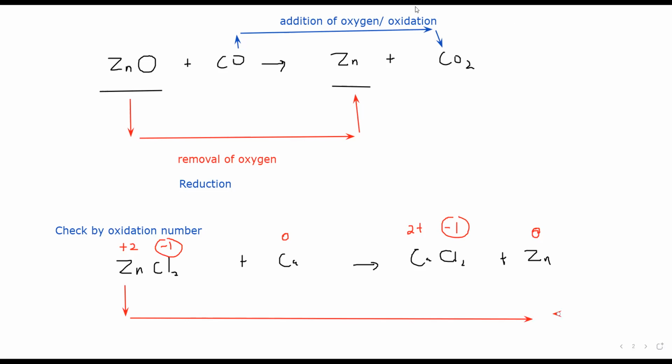So if +2 changes to 0, what happened to oxidation number? It increase or decrease? If +2 becomes 0, it decreases. So for zinc, there is a decrease in oxidation number. So if oxidation number decrease, what we call? We call that as reduction.